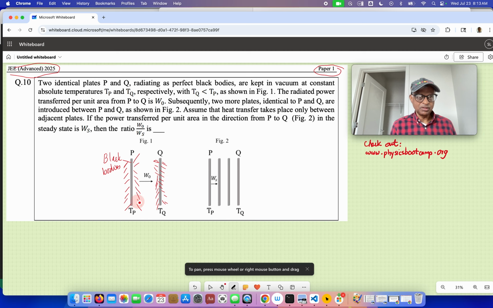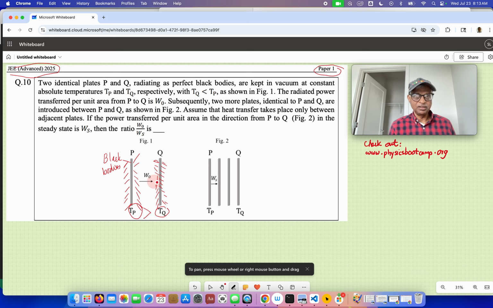The amount of radiation it gives out depends on the temperature. This is temperature Tp and this is temperature Tq. In this case, this is a higher temperature than that one, so Tp is greater than Tq.